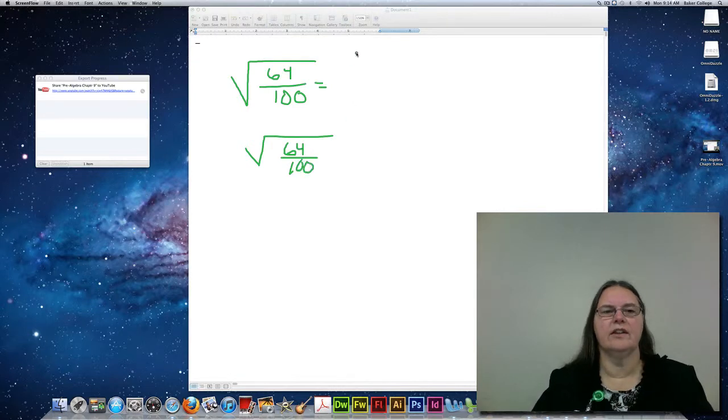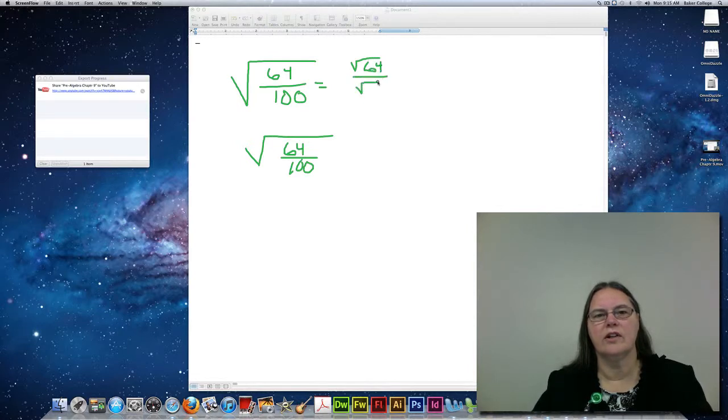They're all underneath here. The first way you could do it is say the square root of 64 over the square root of 100. I could distribute the square root symbol because it's part of this whole thing. It says the whole fraction has it. Then I can factor the top one is 8 times 8.